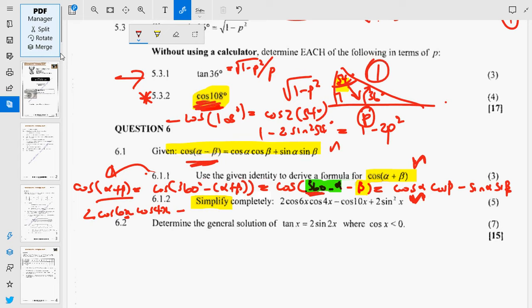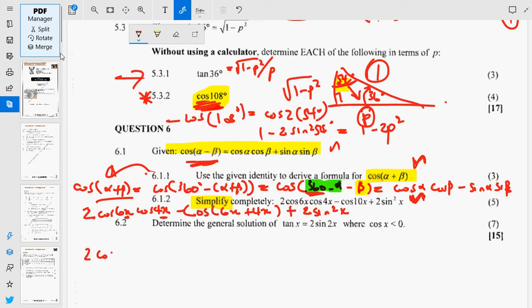Now, because I have 6x and 4x, it will be wise to write this cos 10x as 6x plus 4x, so that I can have the same angles and be able to simplify. Then 2 sine x. All right, so what have I got now? I've got 2 cos 6x cos 4x minus, now this cos of 6x plus 4x is your compound formula. You can use your compound formula there.